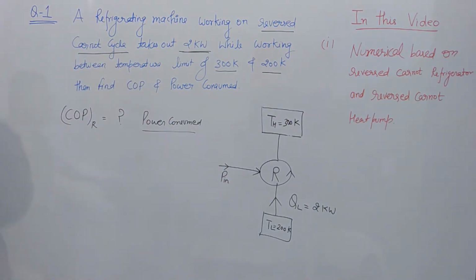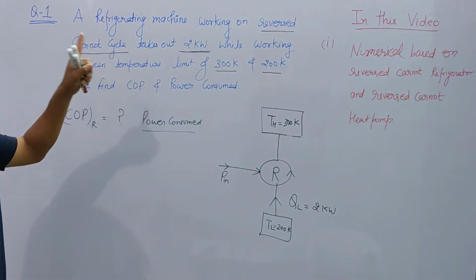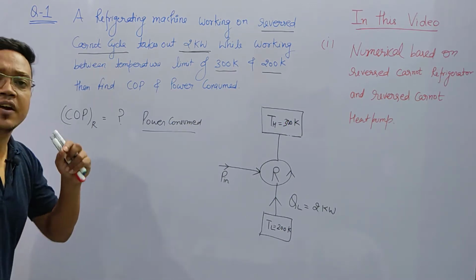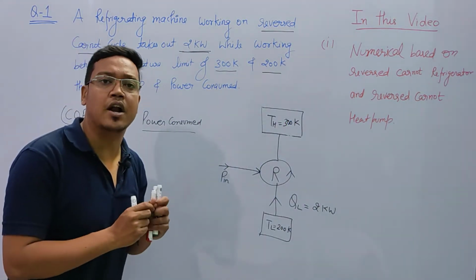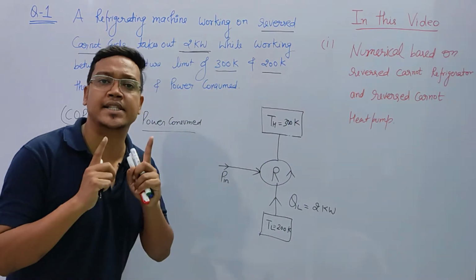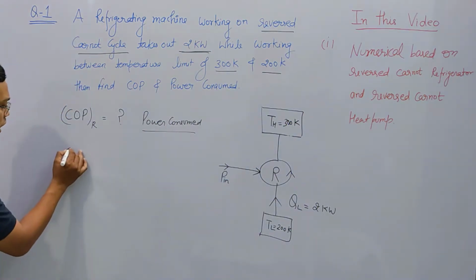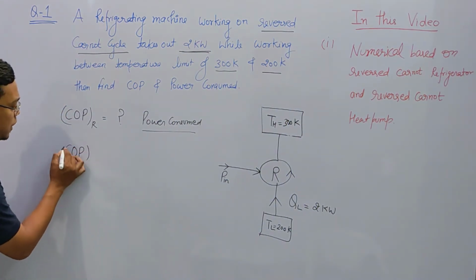Now you know very well, if a refrigerator is working in a reverse Carnot cycle, then that refrigerator shall have maximum coefficient of performance. So what shall be the coefficient of performance for this machine?